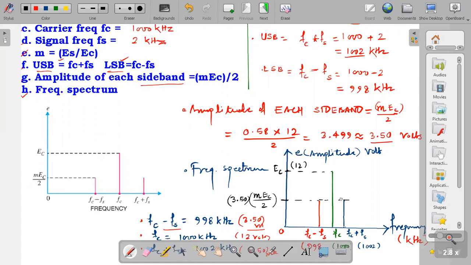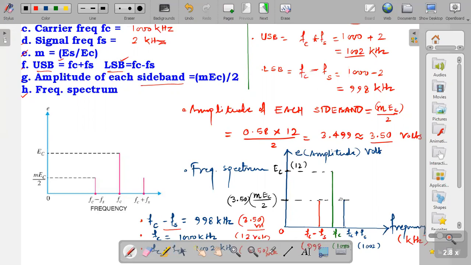Can you draw? From the data, see how to draw. This is the procedure to draw the frequency spectra for an amplitude modulation wave. From the knowledge of Ec, small m, Fc and Fs, we can represent the graphical behavior of amplitude with respect to frequency band, lower side band and upper side band.